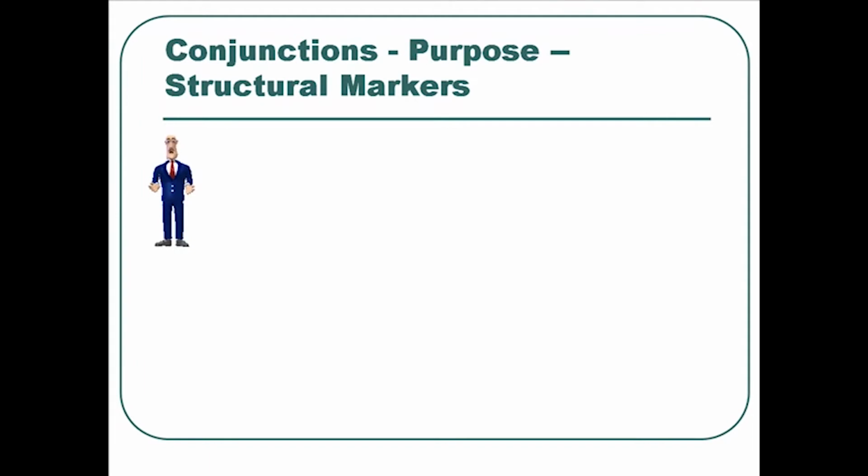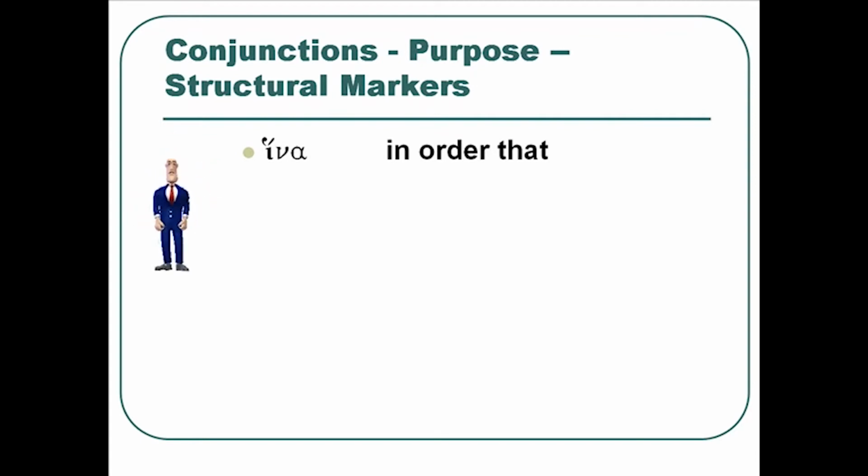And on to the purpose structural markers, the markers that give us purpose. Hina means in order that, and indicates purpose. Often we've seen hina goes with the subjunctive form. Hopos also means in order that.